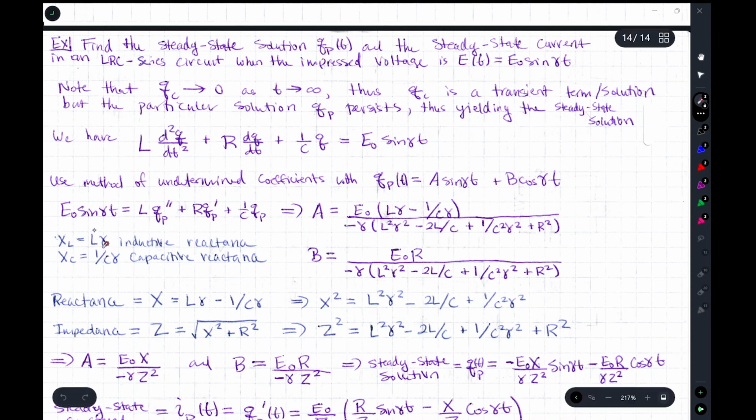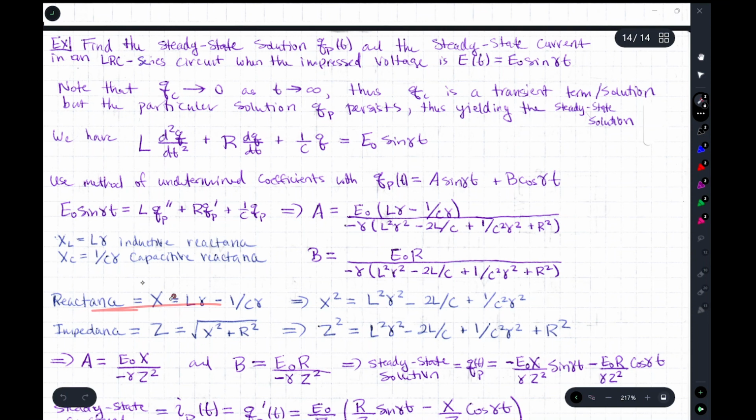Something to note, X_L, the inductance times gamma, the angular frequency that the external source is being driven at, is called the inductive reactance, and X_C, 1 over C gamma, is called the capacitive reactance. And the reactance is equal to the inductive reactance minus the capacitive reactance.